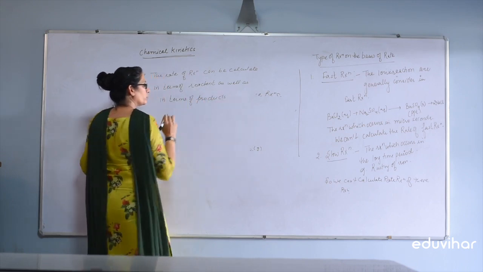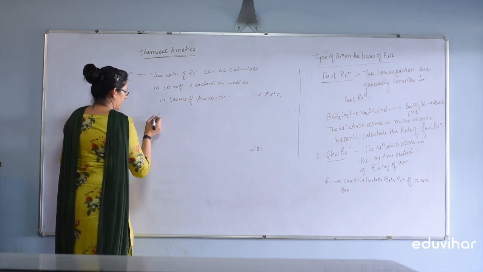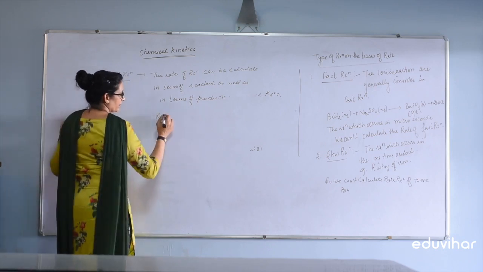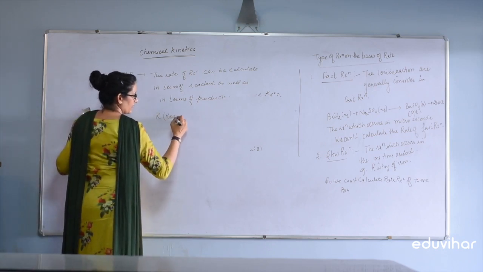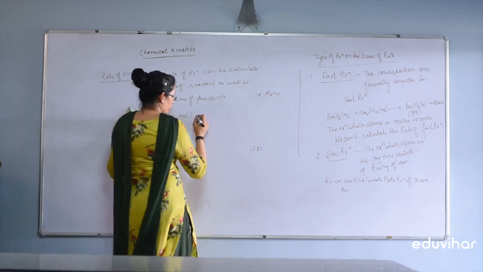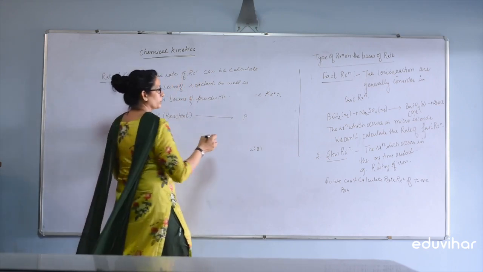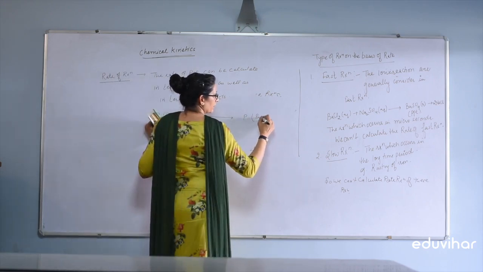For example, let us consider this R is a reactant and that is converting into the product P.